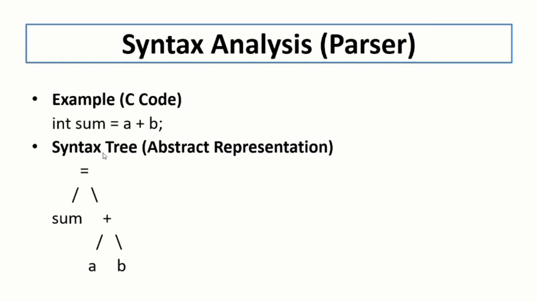Before constructing a syntax tree or parse tree, you should know what a syntax tree is. A syntax tree, also known as an abstract syntax tree, is a hierarchical tree representation of the structure of source code according to the grammar of a programming language. How to draw a syntax tree? Follow these steps.